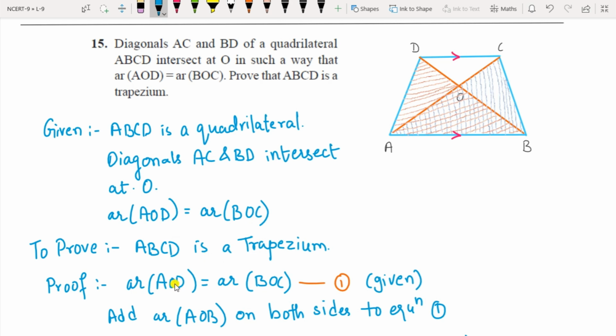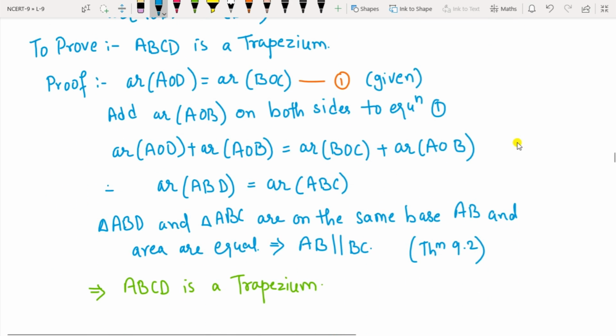So the first equation is AOD is given equal to BOC. Now only this much triangle is equal to this much triangle. Now in both these triangles we will be adding the center triangle AOB on both the sides of equation 1. So add AOB on both the sides of equation 1 here, you will get ABD will be equal to ABC.